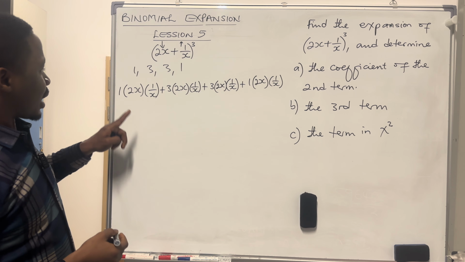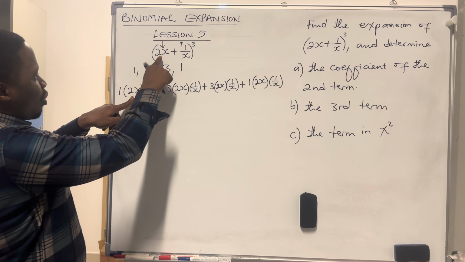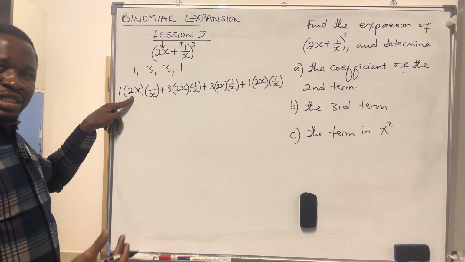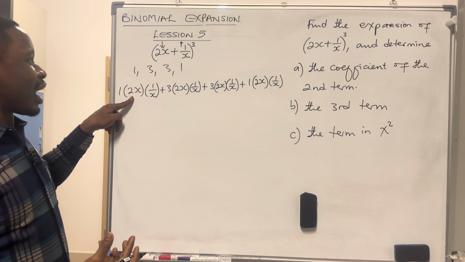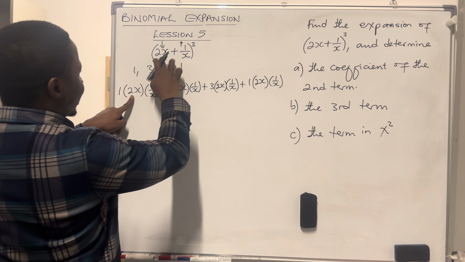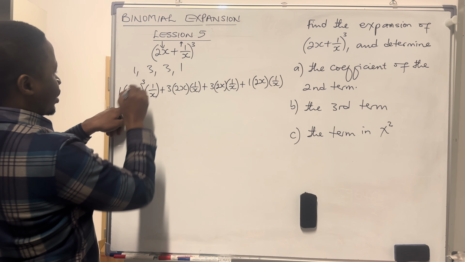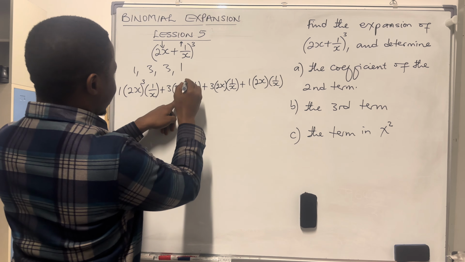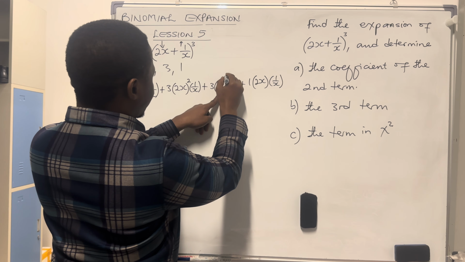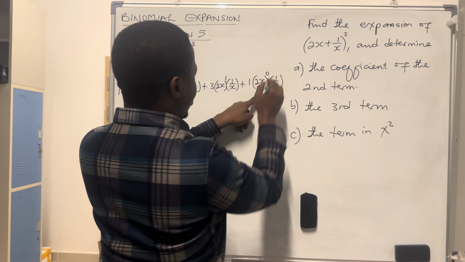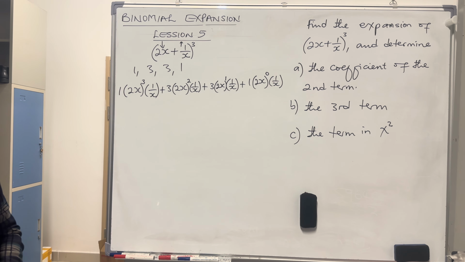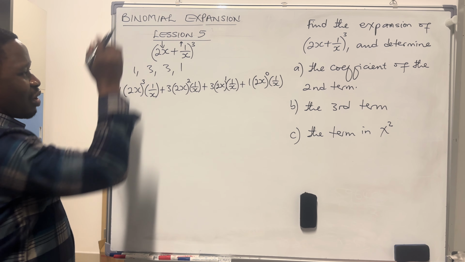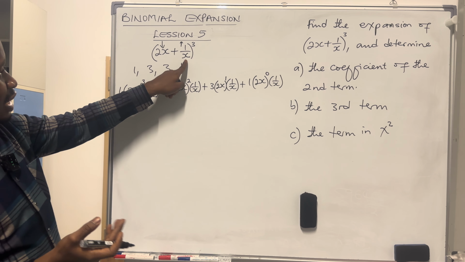Where is the first 2x? Here. The power of 2x should be decreasing, and if something is decreasing, it must have started somewhere. So since here is the beginning, it takes power 3, but it is decreasing: (2x)^3, (2x)^2, (2x)^1, (2x)^0. I hope you are getting it. The other one is increasing in power.